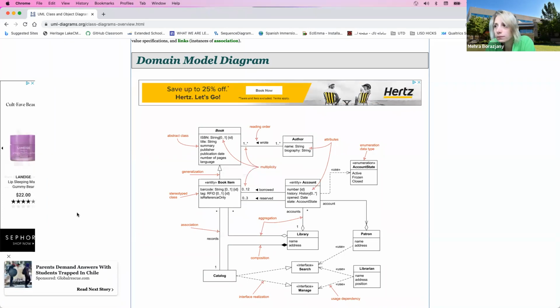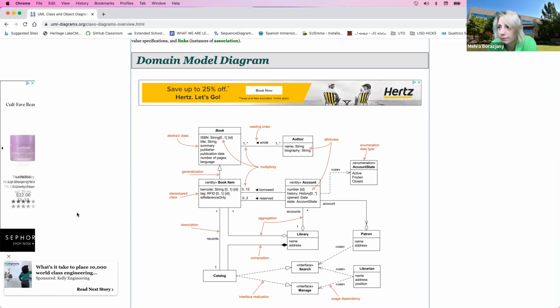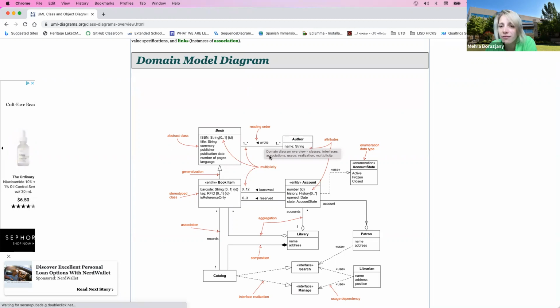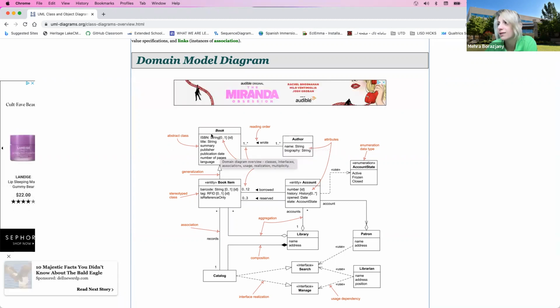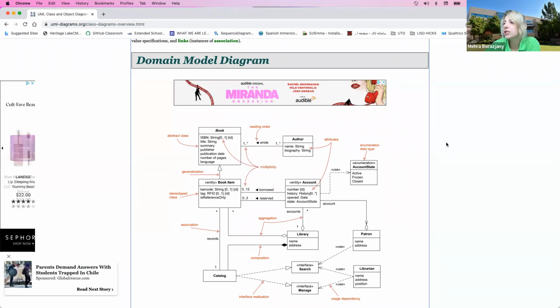We see attributes. We see the attributes, exactly. What else? Inheritance, I guess generalization, as it points out here. Relations, exactly. You see the relations between these, and sometimes you have relation names or verbs, like a student registered course, or the account borrowed this book item, those kinds of things, right? So you see the directions and the actual relation with some verb associated with it. What else do you see? Do you see any method?